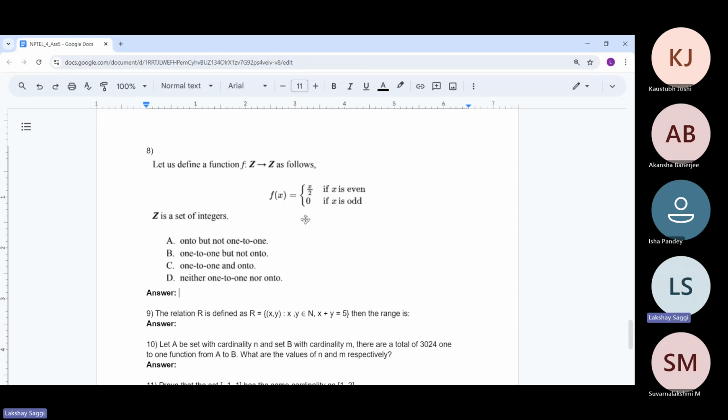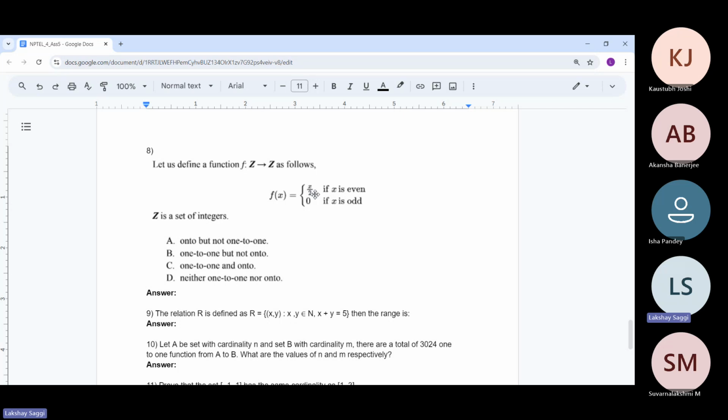For the numbers 1, 3, 5, 7, 9, 11, and so on, so for all the odd numbers, this function takes the value 0. But for all the even numbers, for the number 2, this function takes the value 1. For 4, this takes the value 2. And for all even numbers, this takes the value x by 2.